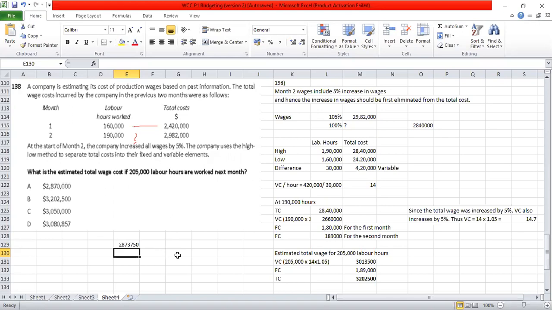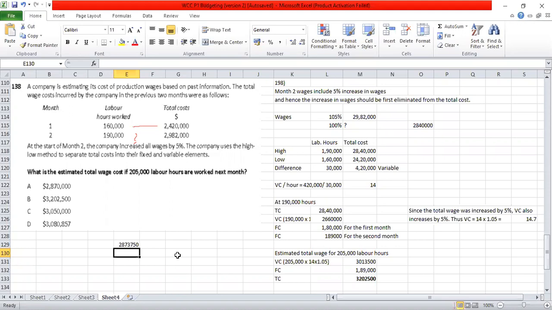So we see that the amounts are not proportionate. Because they are not proportionate, we understand that it is a semi-variable cost. It is not a fixed cost, because if it were fixed, both amounts would be the same. It is not even a variable cost because it is not proportionate. Therefore, it is a semi-variable cost. That is how we have to confirm whether it is variable or semi-variable.